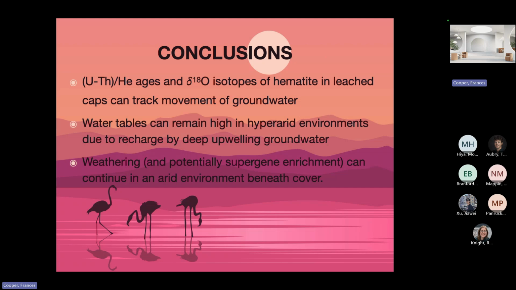beneath cover. And this is important for exploration, because if we're thinking about finding more enriched deposits, particularly deposits that are buried under cover, which is increasingly becoming the case because most of the ones that are already exposed and easy to find have been found. If we want to find some under cover, we need to figure out whether or not there could be the potential for any kind of enrichment, even after they maybe had been buried by an ignimbrite or gravels.